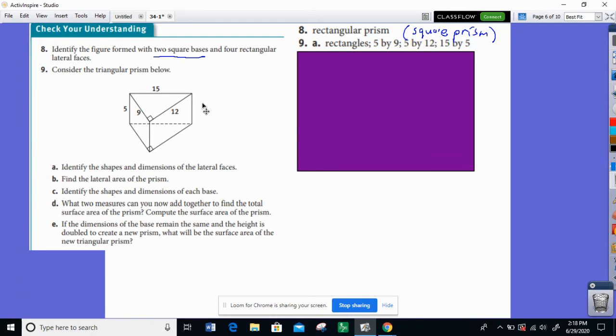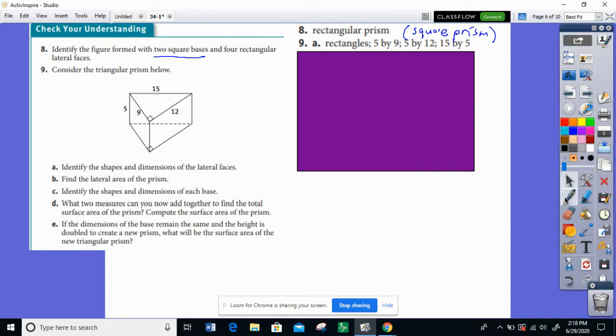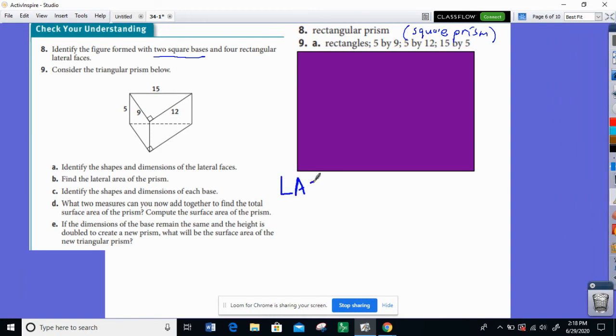So now they want us to find the lateral area of the prism. Well, remember, the lateral area for a prism is the perimeter of the base times the height. Well, what's the perimeter of the base going to be? If the base is a triangle, we've got a side length of 9, we've got another side length of 12, we've got a side length of 15.